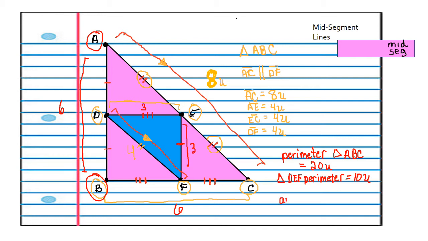Likewise, the area now, if the area of the larger triangle is 1/2 the base times the height, and I'm going to tell you that this is a right triangle, then it would be 6 times 6, then divided by 2, half the height.